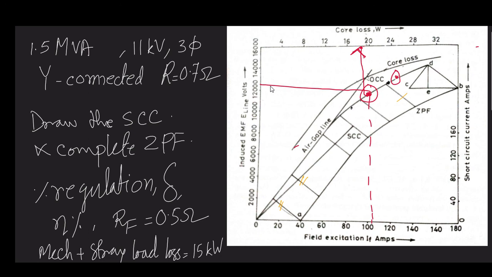Had we taken the data correctly, we could get some other value. So it is like that only. Straight you have to figure out. The only thing you need to consider is that you are measuring E. Corresponding to E, you should figure out the core loss, not for E naught.